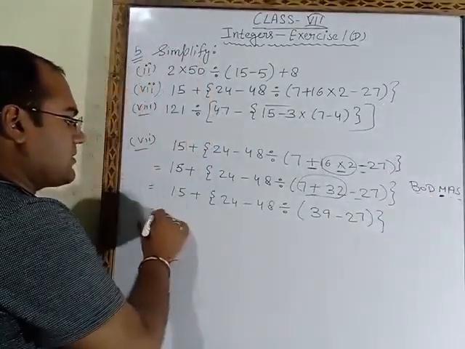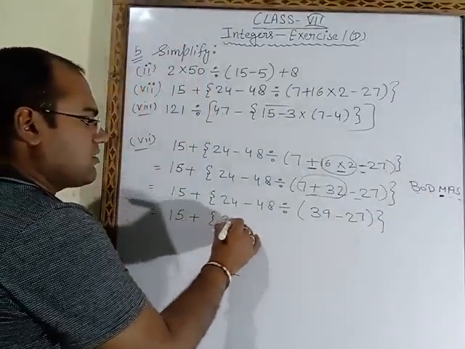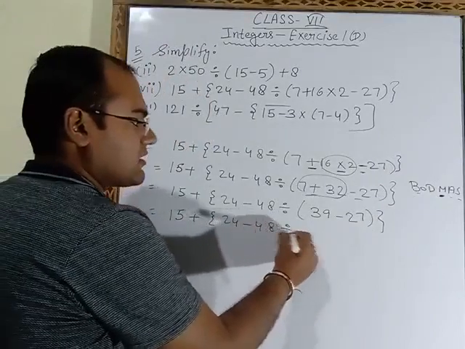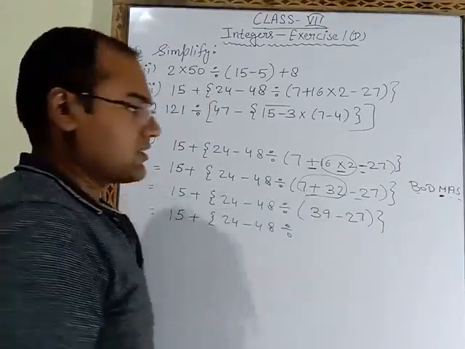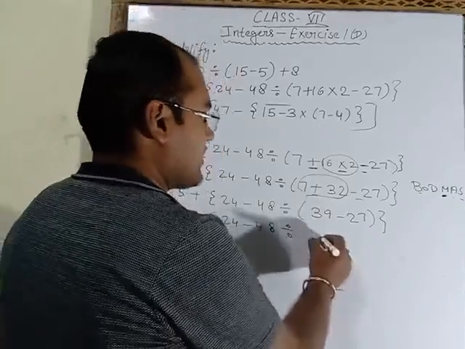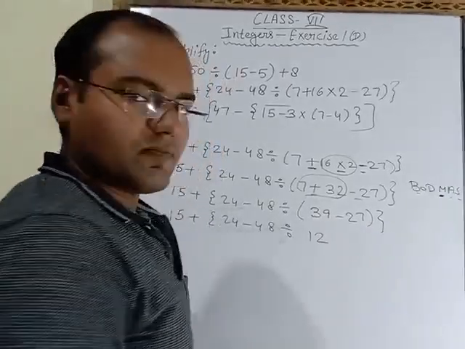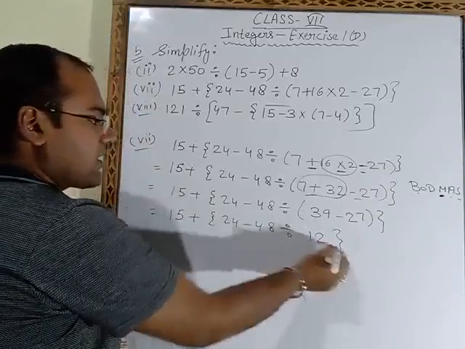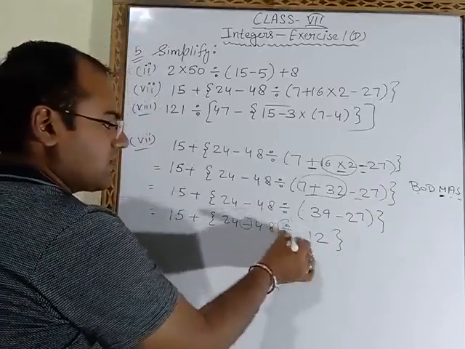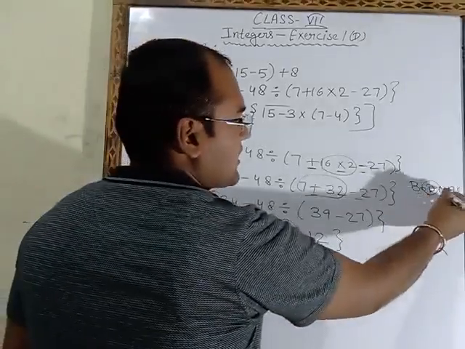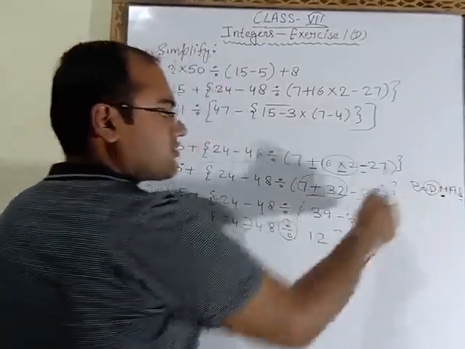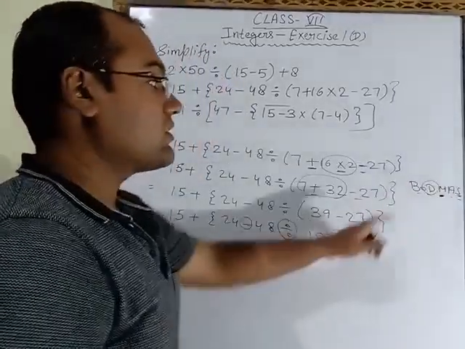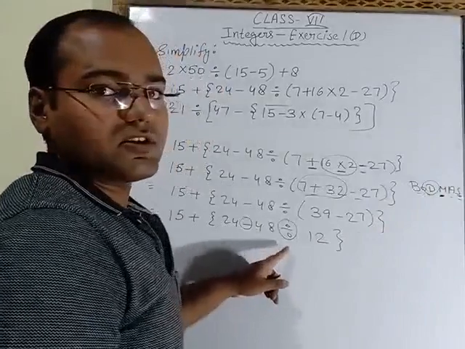Now we will subtract these two numbers. 39 minus 27, answer will be 12. Now the bracket is closed. Now in this curly bracket, minus is coming and divide is coming. So divide is coming first and subtract is coming at last. So first of all we will solve this divide.